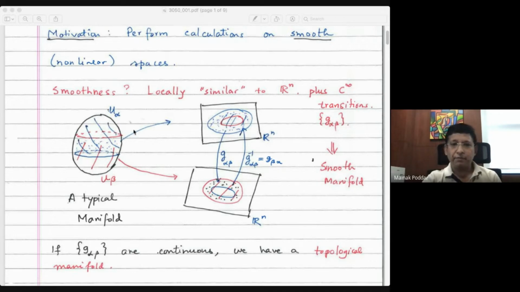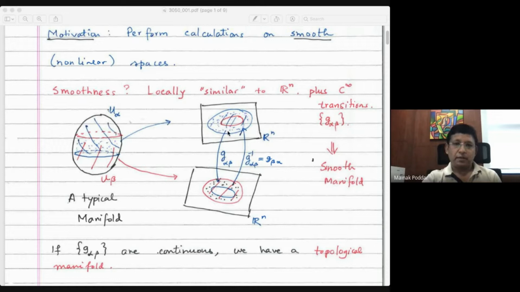And so I have these two maps. The chart is just a continuous map, actually a homeomorphism, from U alpha to an open subset in whatever Euclidean space. And I have another from U beta. And now, if you look at the intersection of the two, U alpha and U beta, on that we have some induced maps.